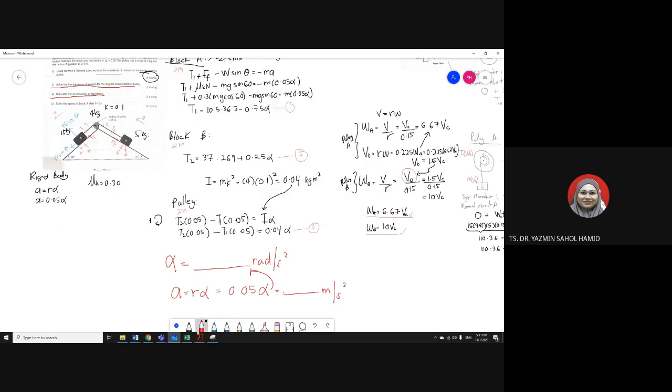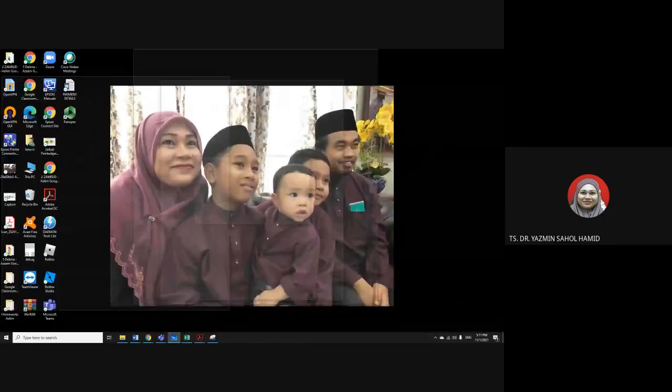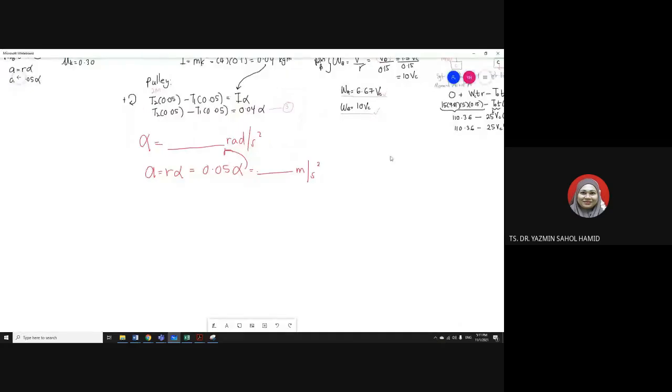And then for the fourth question, solve the speed for block A. To solve the speed of block A, we can use the kinematic equation v equals u plus at. V is what we want to find.